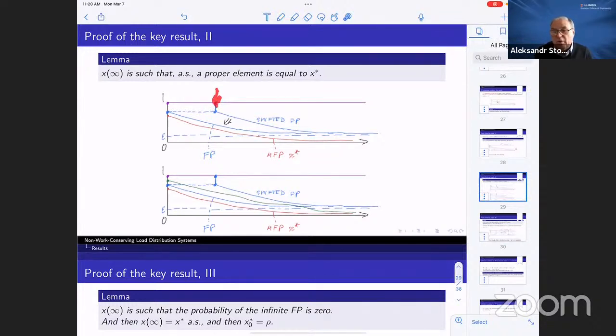It's still a fixed point. Then I just release it, I let it go. So this whole thing will have to be monotone decreasing. It would have to converge to something, and that something cannot be anything different from this, because that would violate uniqueness of the fixed point.